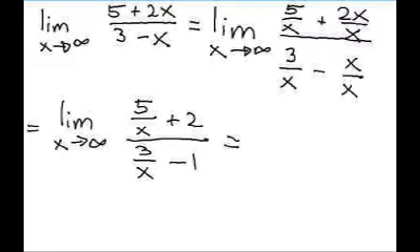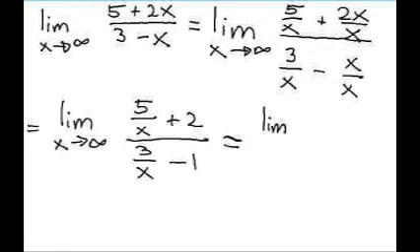Now what we're able to do is calculate the limit of the top and the limit of the bottom separately, and this is valid as long as those limits exist, and as long as the limit in the denominator is not 0. So let's see what happens.